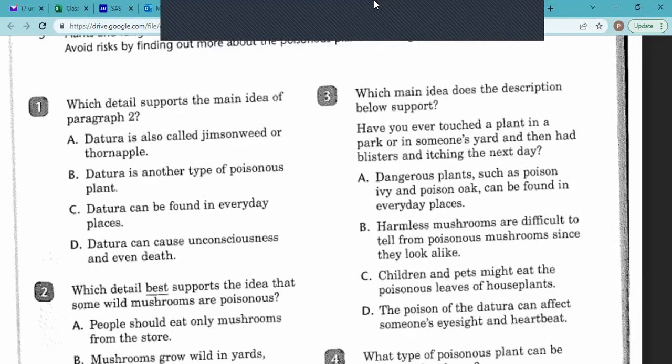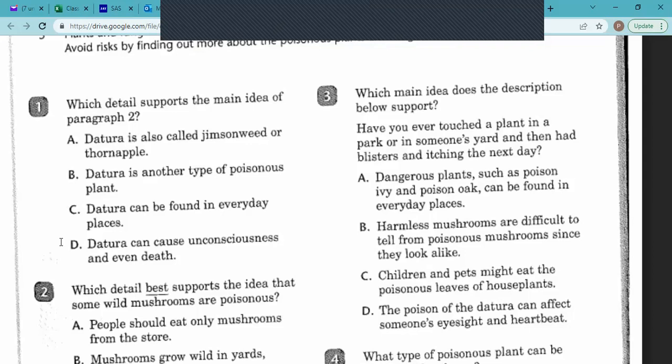I want you to pause your screen and look through your choices. Okay, so your answer to number one is going to be D. Datura can cause unconsciousness and even death. Now, these are examples that show why this datura is a dangerous plant.